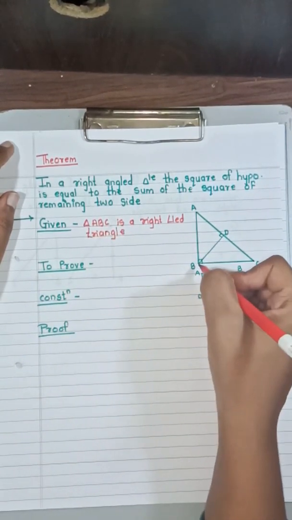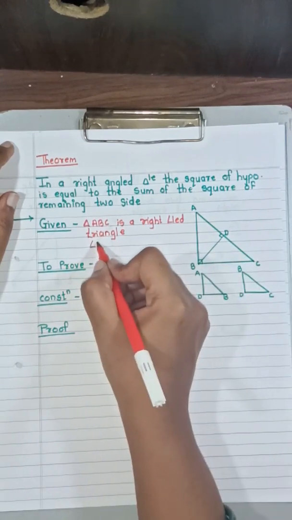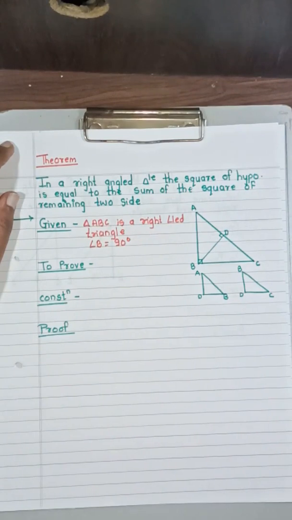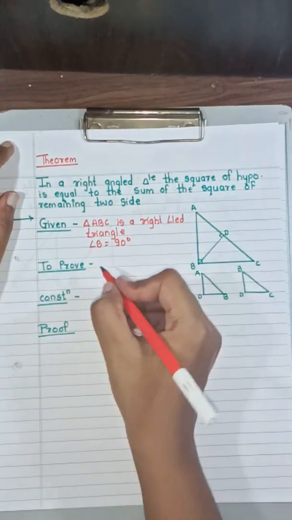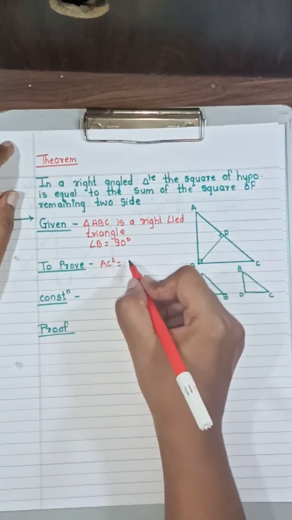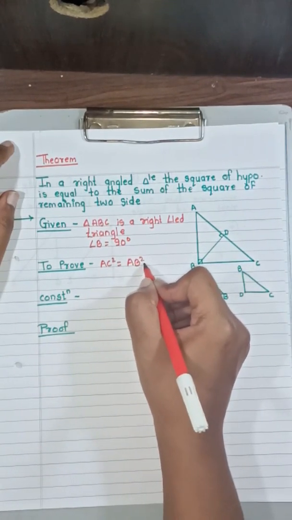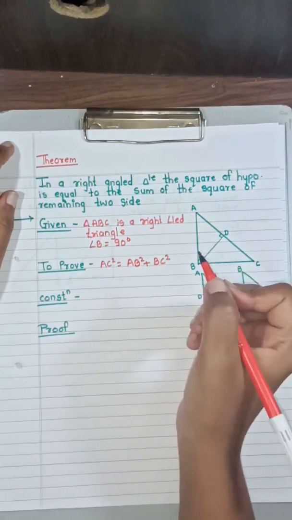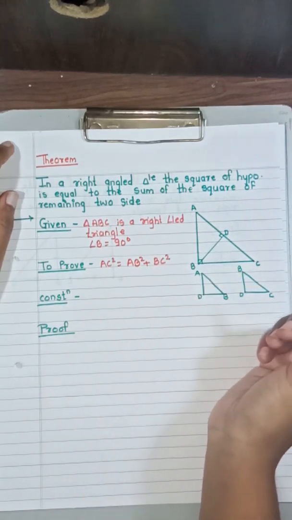Here you can see angle B is 90 degrees. Now we have to prove that hypotenuse square, that is AC square, is equal to AB square plus BC square.